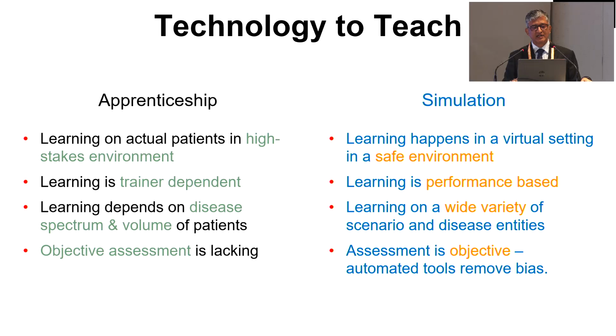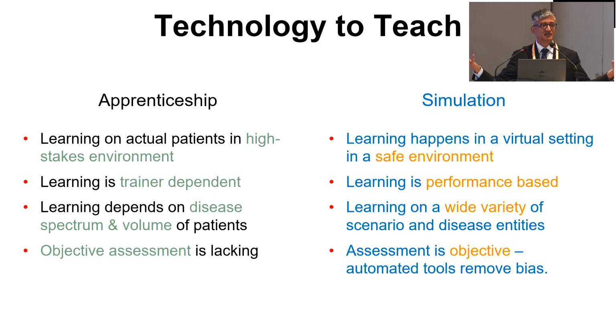There are other advantages compared to the typical apprenticeship. The learning happens in a safe environment. You can allow students to commit mistakes and then learn from that, which you cannot allow in the operating room. Typically, as soon as a student starts making a mistake, you tend to take over the case and finish it.